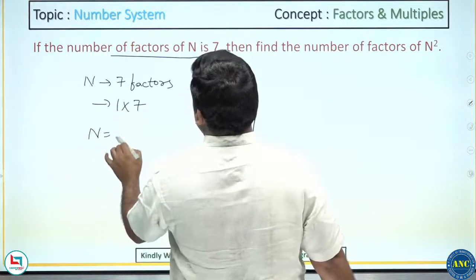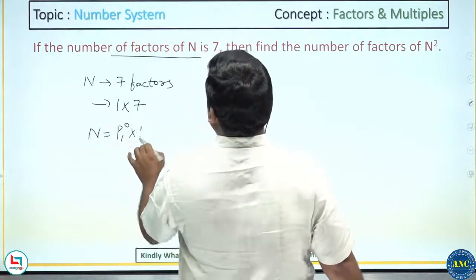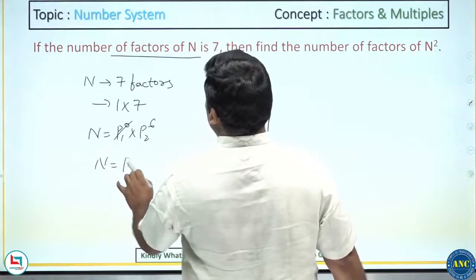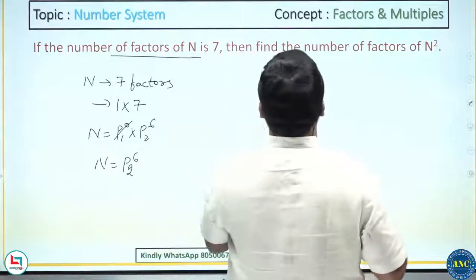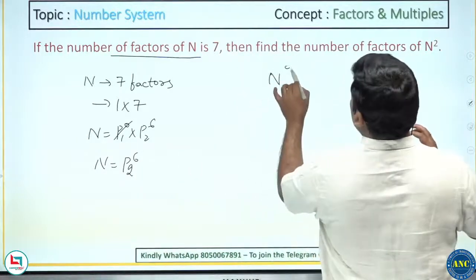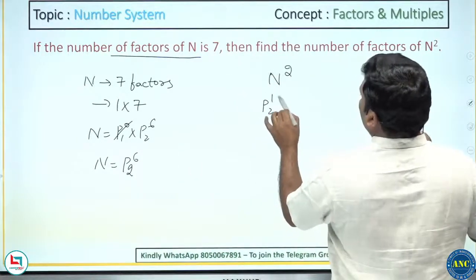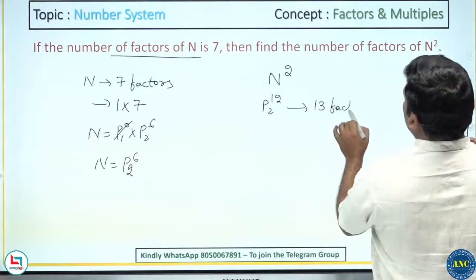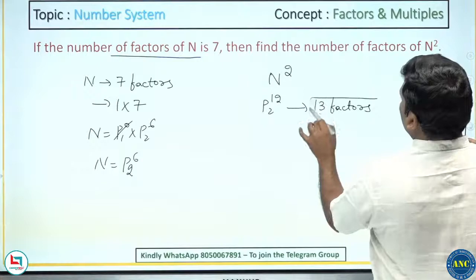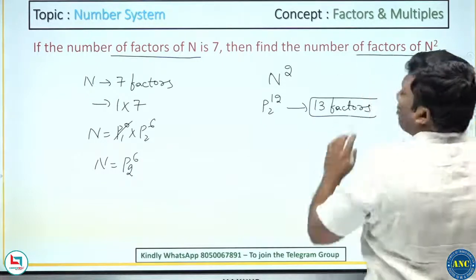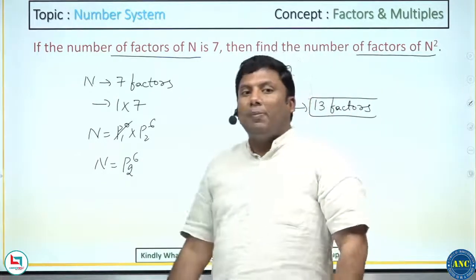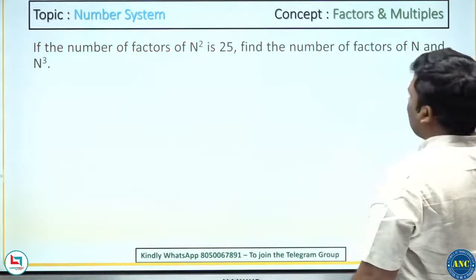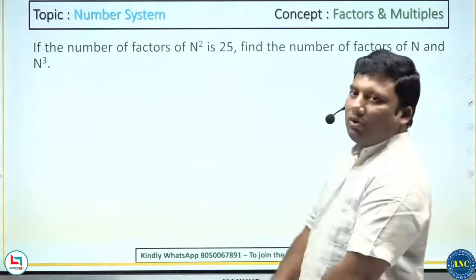So n will become p1 power 0 into p2 power 6, so the number form will be p2 power 6. Same question: n square will be p2 power 12, and the answer will have 13 factors. n square is a perfect square, and a perfect square always results in an odd number of factors.